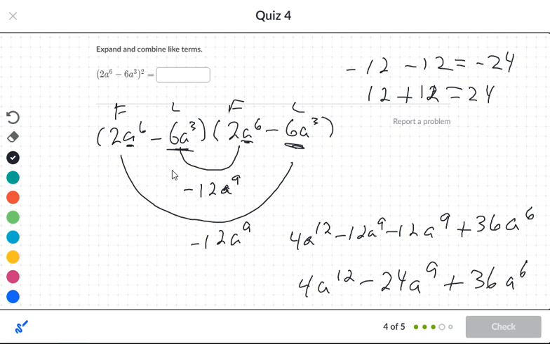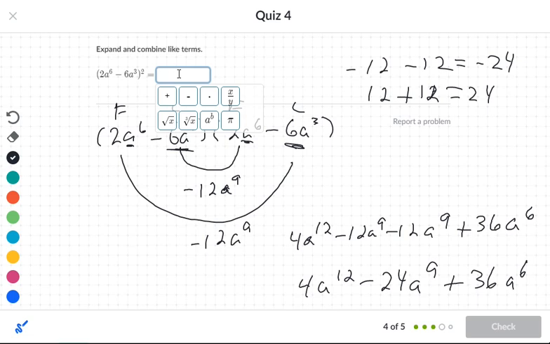Now again, notice you have the same parentheses. Parentheses are the same, so you're going to have the same middle terms. In this case, negative 12a to the 9th and negative 12a to the 9th. So keep that in mind when you're doing some of these problems.